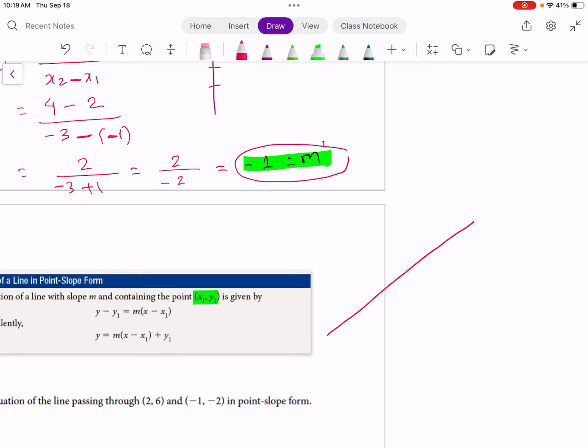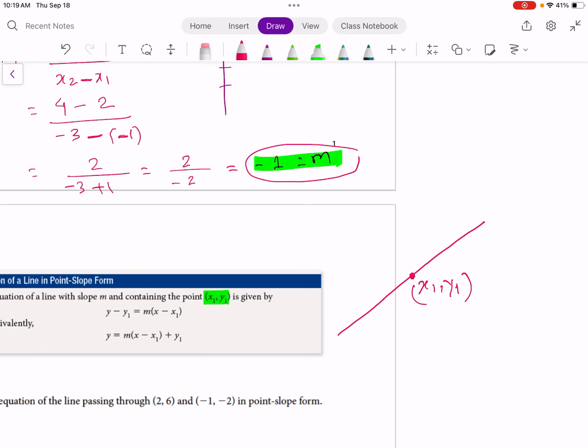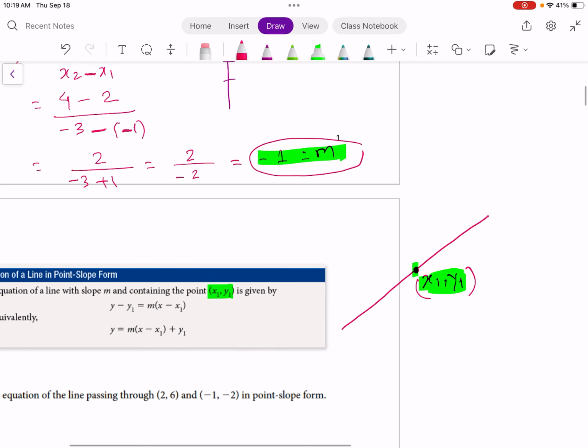If we have a point on that line, let me take this point, and it has coordinates x1, y1, and if the slope of this line is m, so m is the slope.